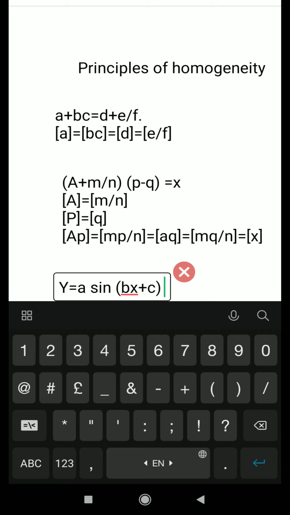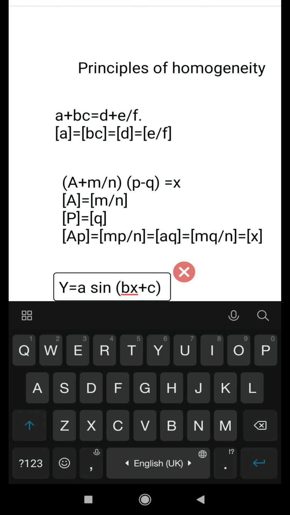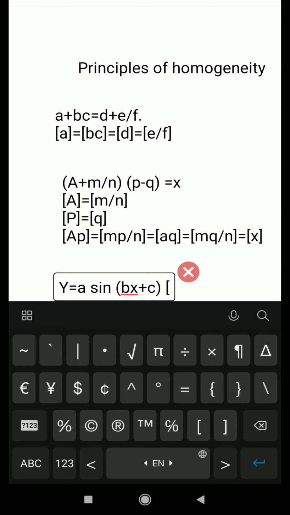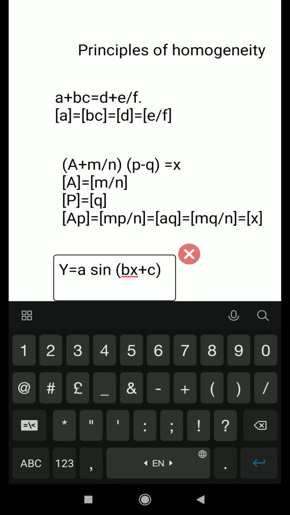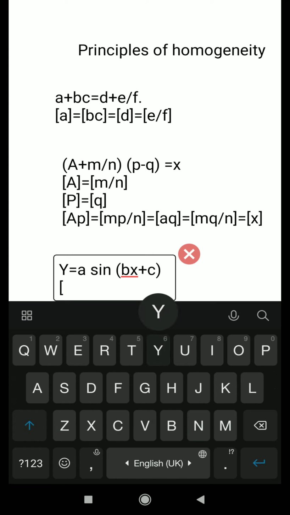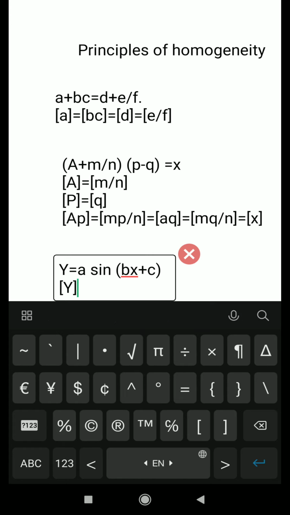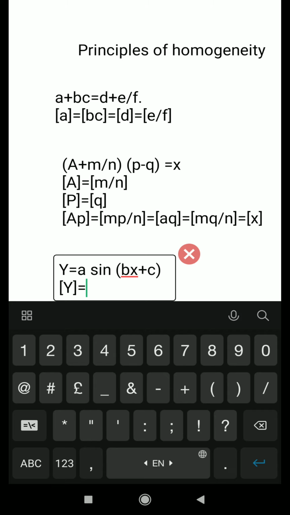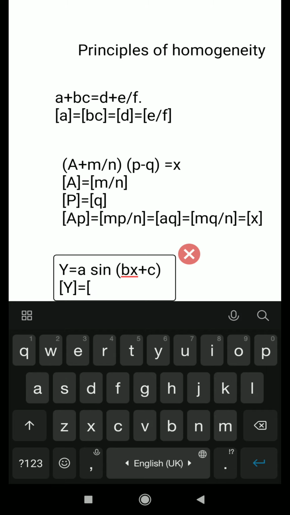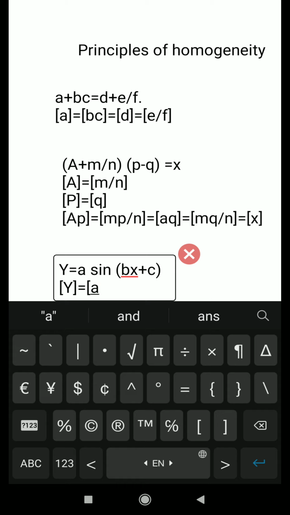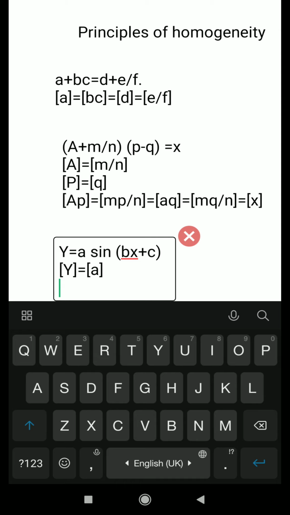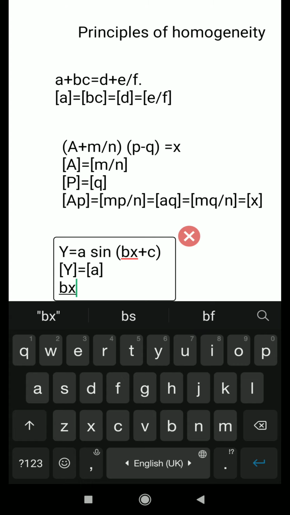Clear? So we can write here that dimension of y equals dimension of a. From this equation we can also tell that bx and c are dimensionless.